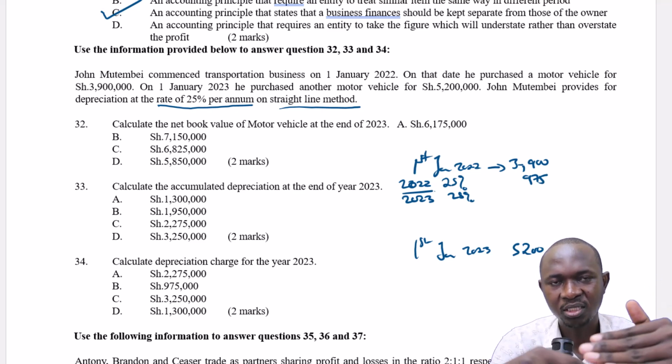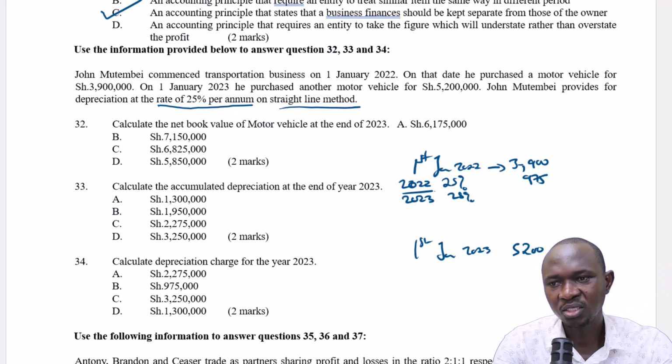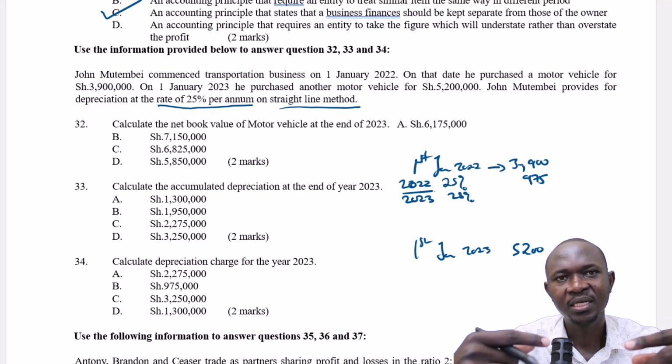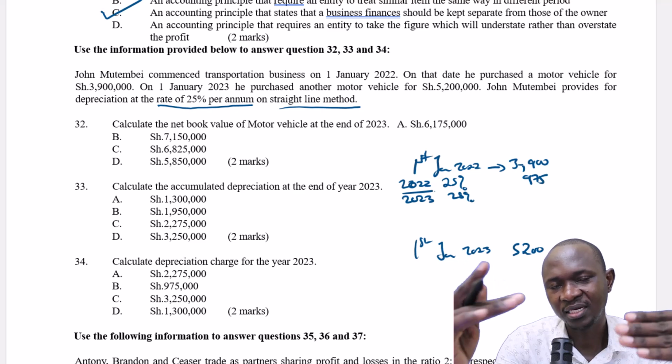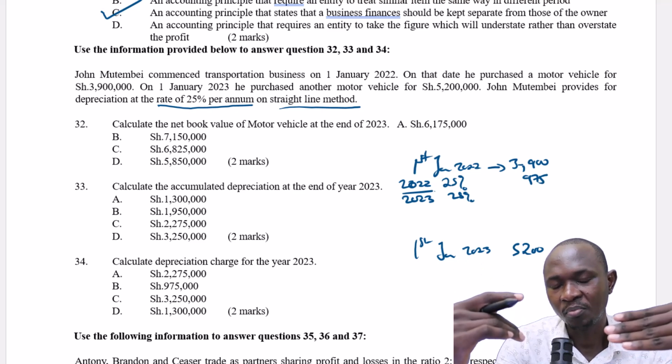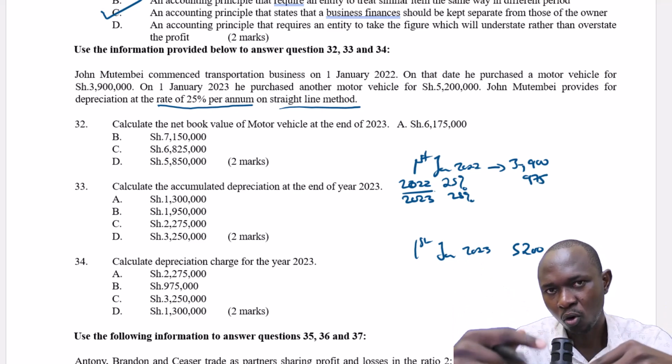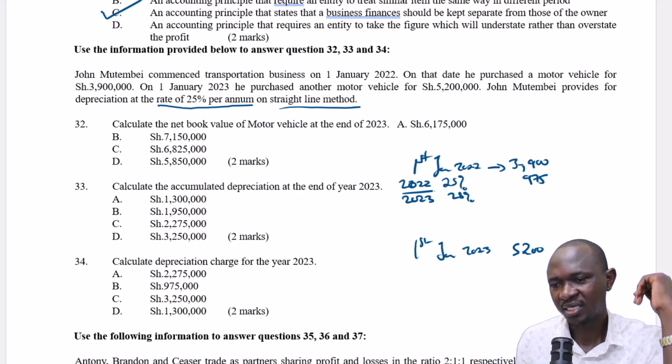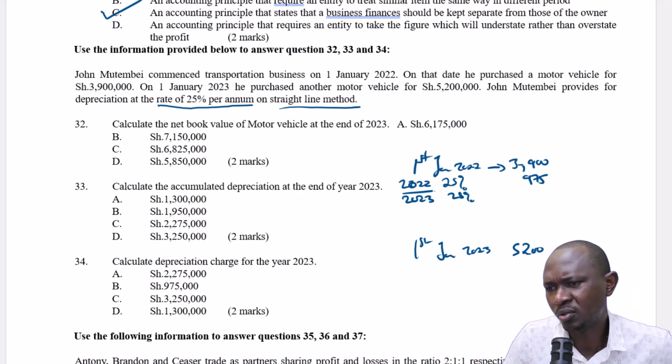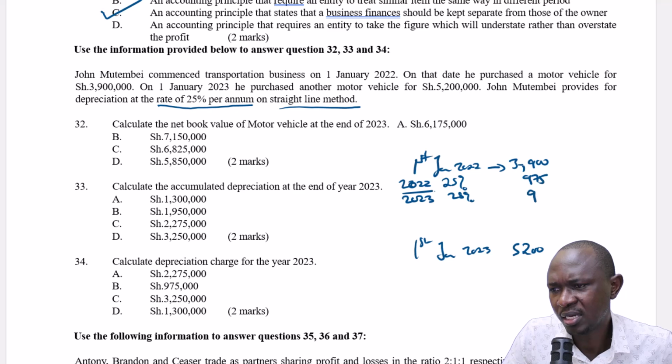But since it's the straight line method, we just take the percentage of the original cost, and that is what will be used as depreciation in all the successive years. So in 2023, the same vehicle is also depreciated by 975 shillings.